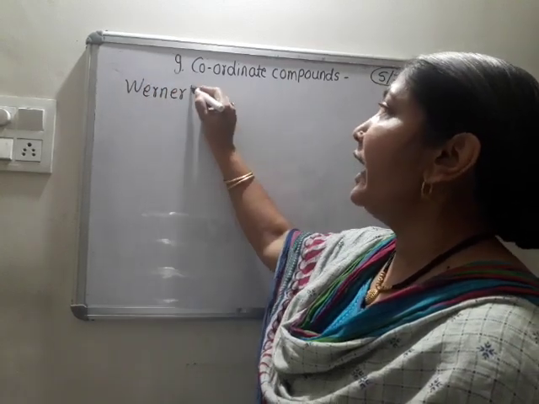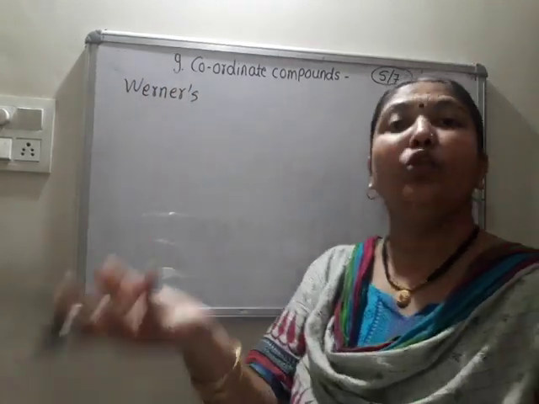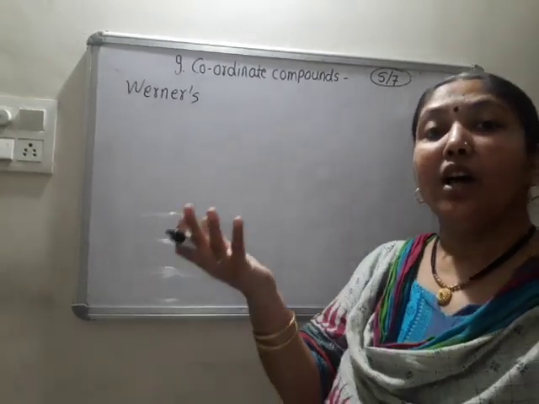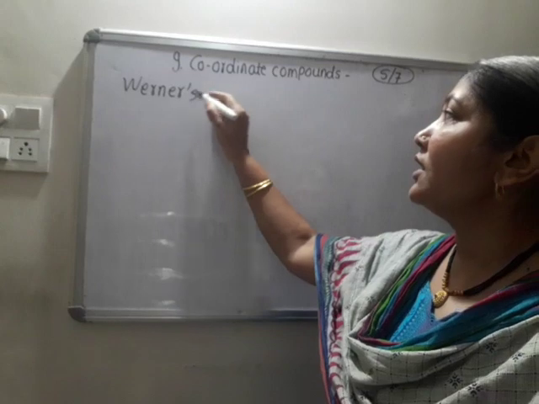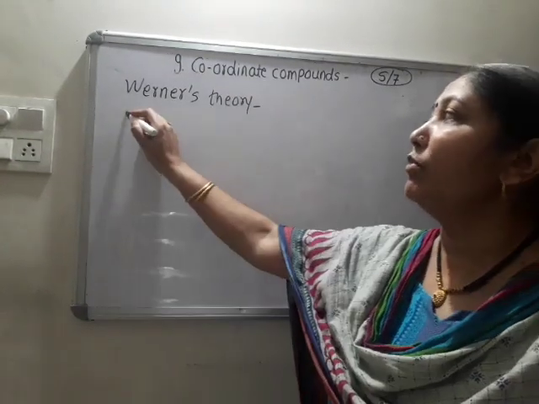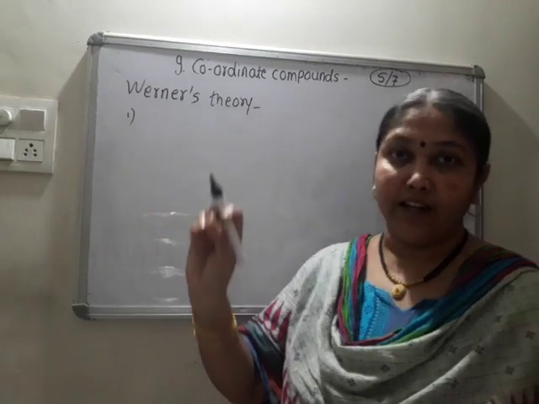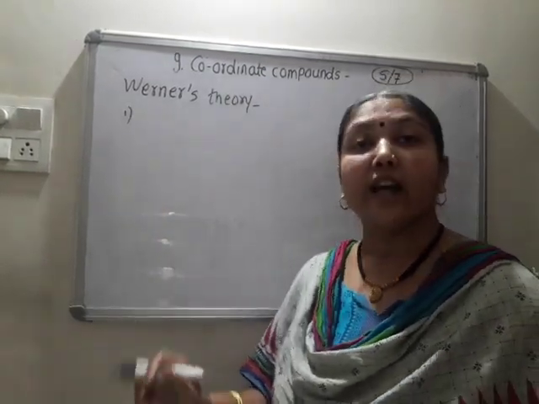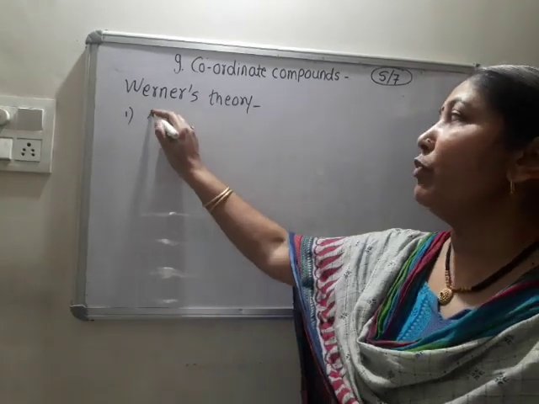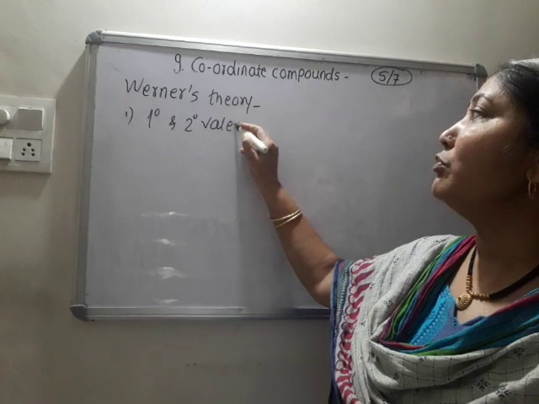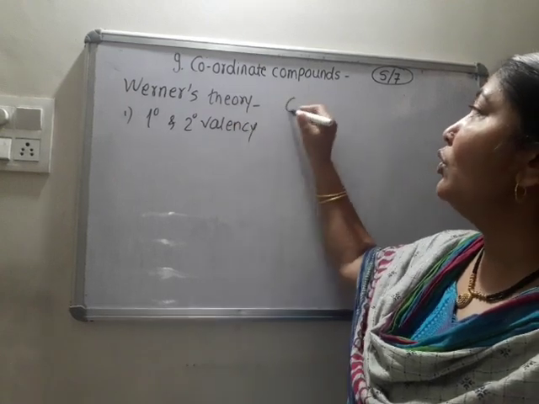Make key points and elaborate those points in your own words. Number 1: this scientist said that in a complex, the metal always has 2 valencies, primary and secondary valencies. Metals show 2 valencies.